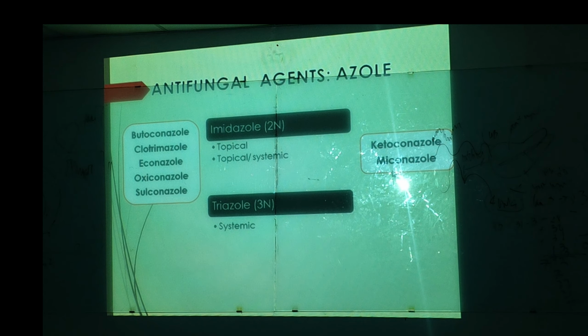While your ketoconazole and miconazole can be used for both topical and systemic fungal infections. For your triazoles, these are for systemic infections only: fluconazole, itraconazole, and terconazole. And FIT, look, F-I-T.